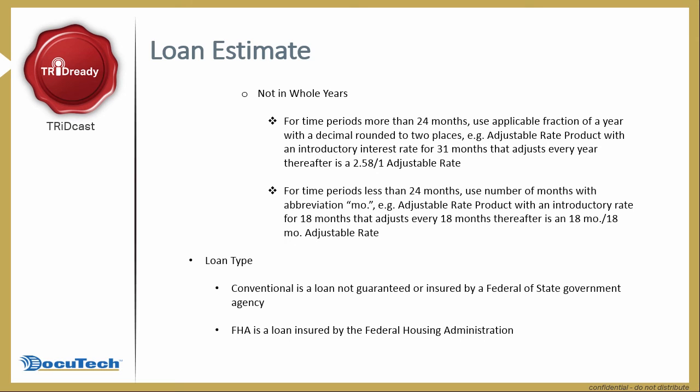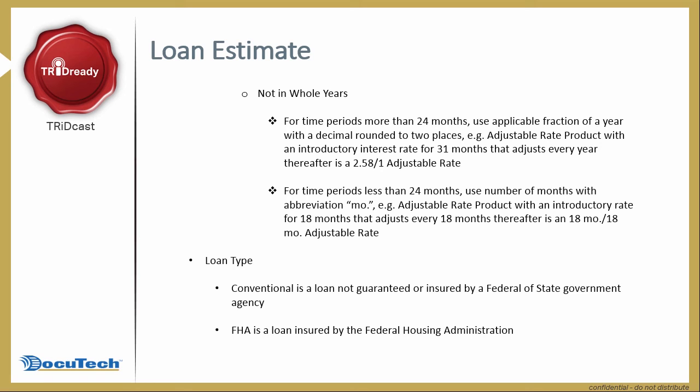The next section that Anne-Marie is going to look at is the loan type section on the form. There are 4 choices that you can choose from for loan type, and they are conventional, FHA, VA, and other. As most all of us know, a conventional loan is not guaranteed or insured by a federal or state government agency.